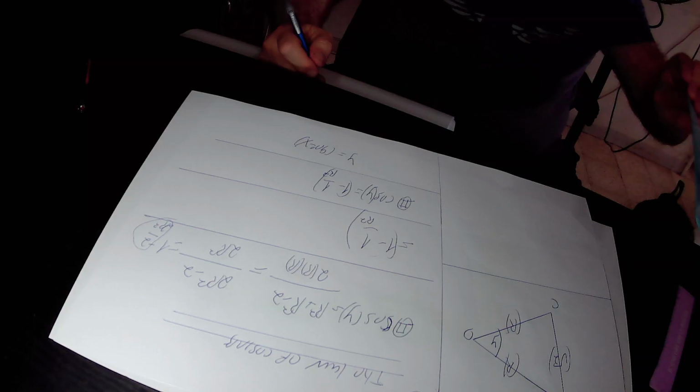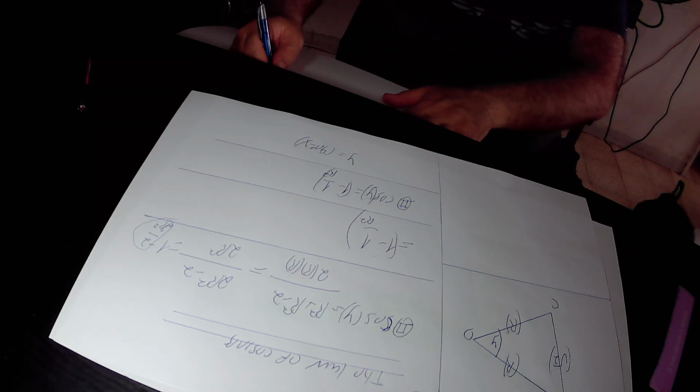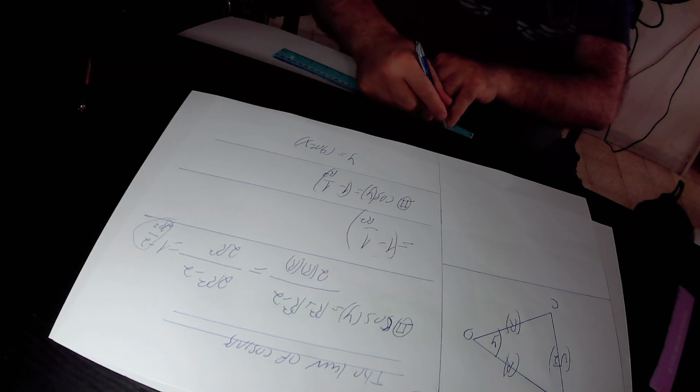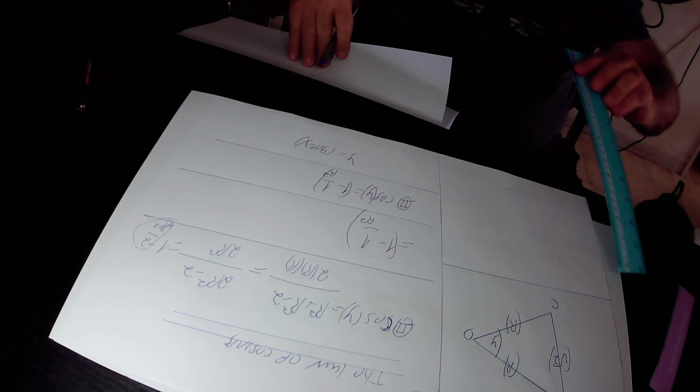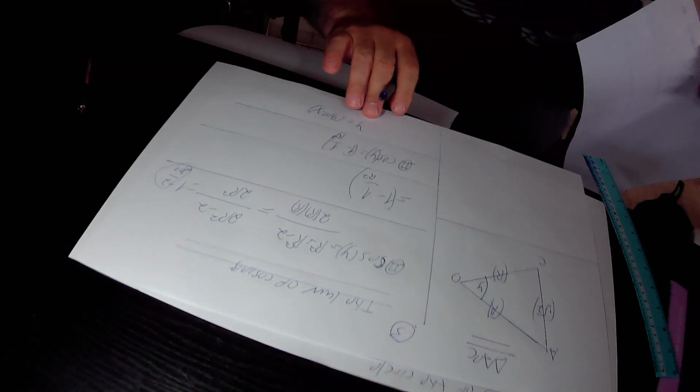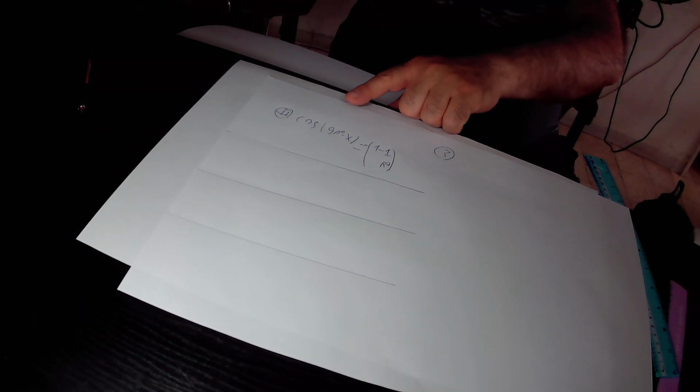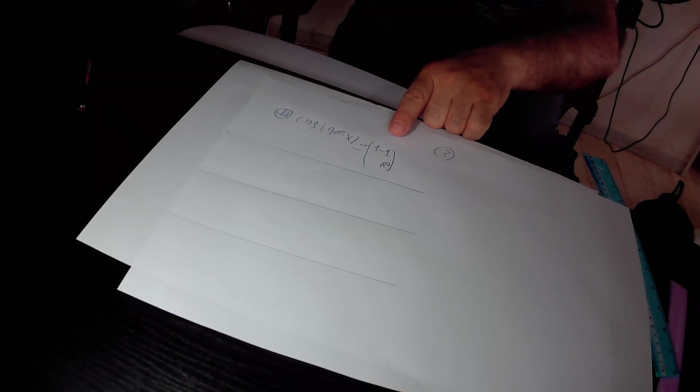Repeat again, according to equation 2, we actually found out that cosine of 90 degrees minus x equals 1 minus 1 over R squared.